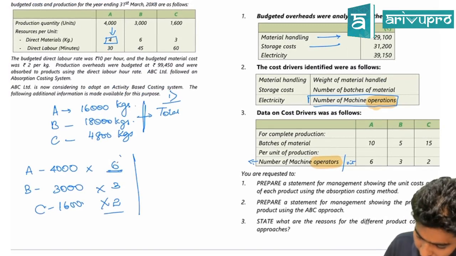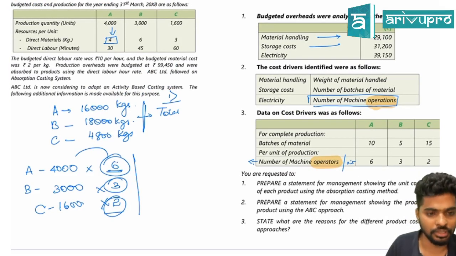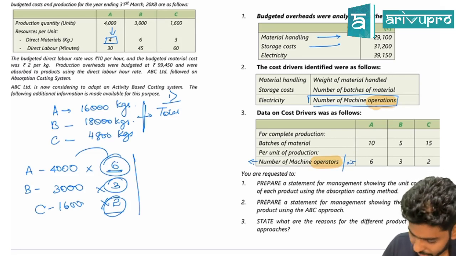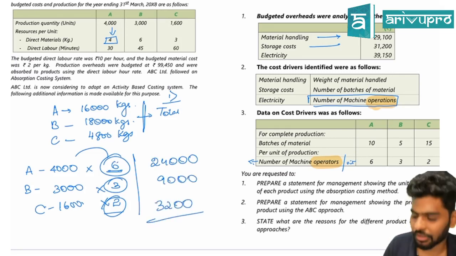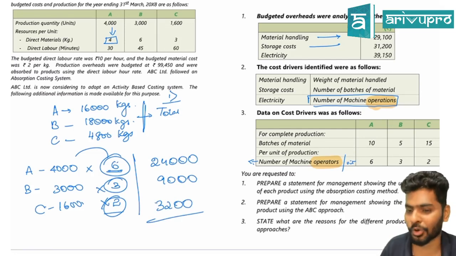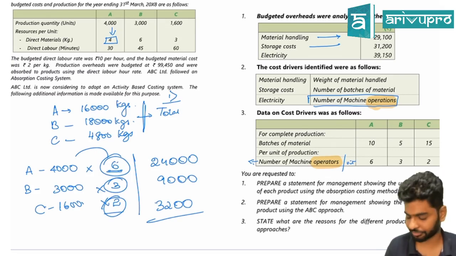So I know per unit this is the number of machine operations required, so I multiply with the number of units, so I end up getting 24,000, 9,000 and 3,200. A mistake which I had done during my exam, so I'm just trying to say, please understand, operations and operators are different. If nothing is given, I assume that operators are per unit. Did you understand this? Guys, are you clear?